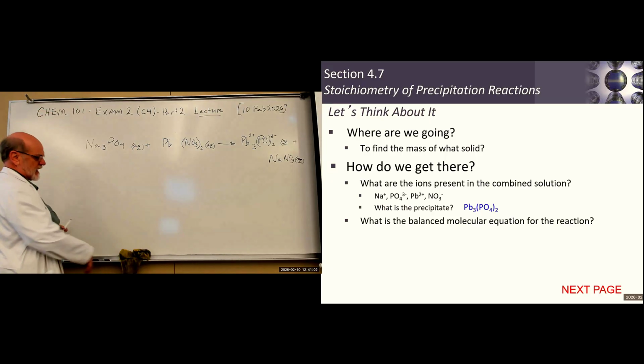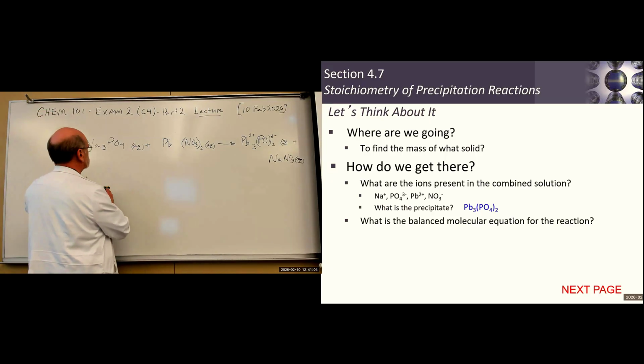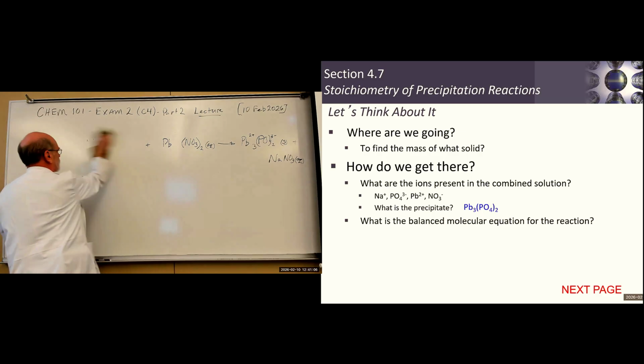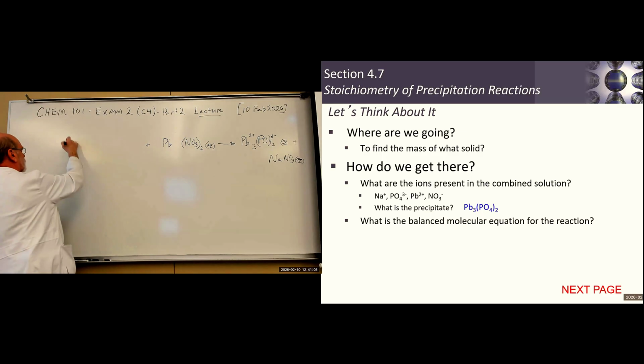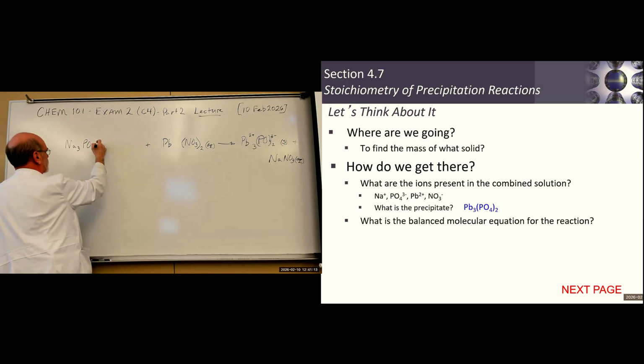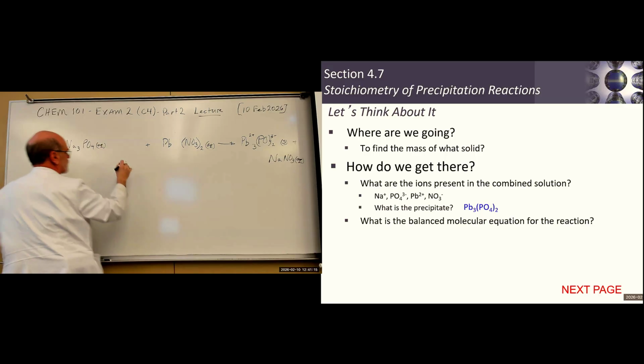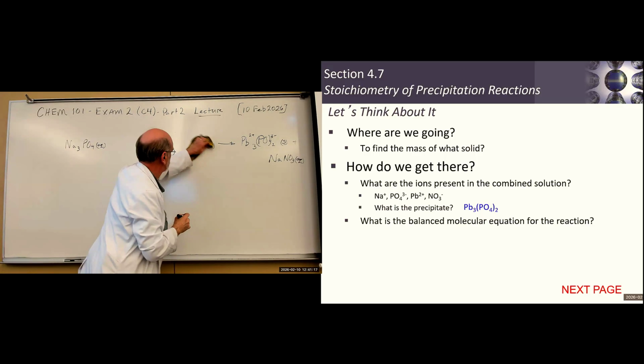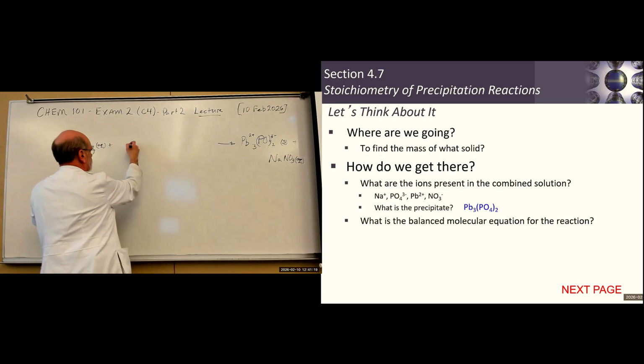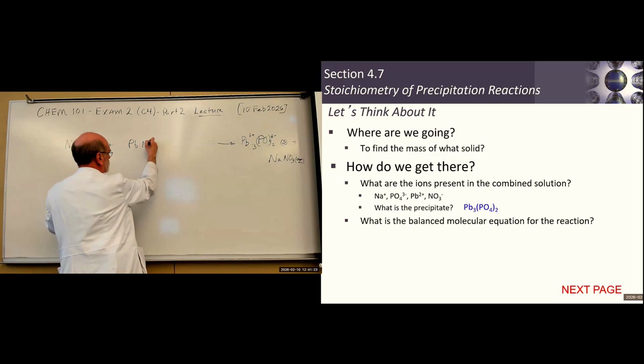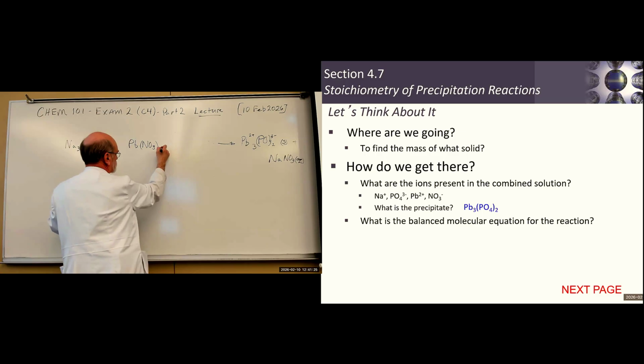So I should have moved this over for, let me do that. Let's move it over here. Aqueous. And then let's put this one. Leave ourselves room for the coefficients. Lead-2 nitrate.